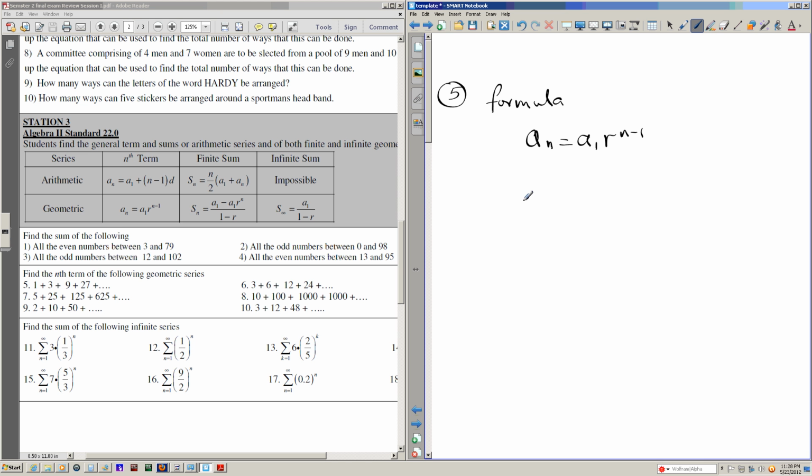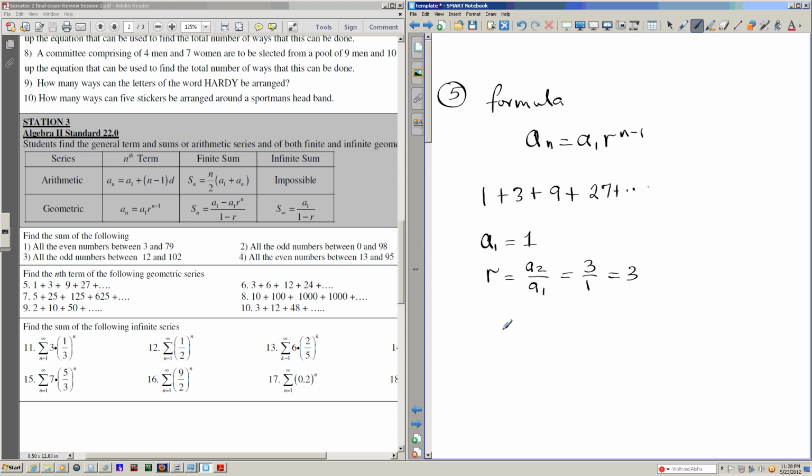Okay, so to do this, number 5, we have 1 plus 3 plus 9 plus 27 plus dot dot dot. So the first term a1 is 1. The common ratio r, you just divide the second term by the first term, right? a2 over a1. So you just simply do 3 over 1. What's 3 over 1? 3.